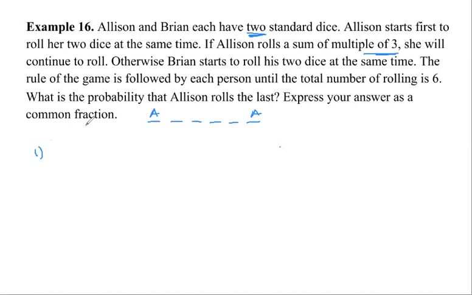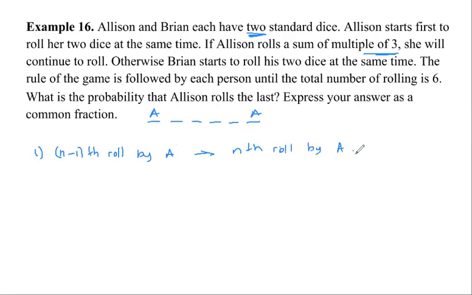What I'm trying to say is, let n be the number of the roll. If the (n-1)th roll is by Allison, then the nth roll will also be by Allison.